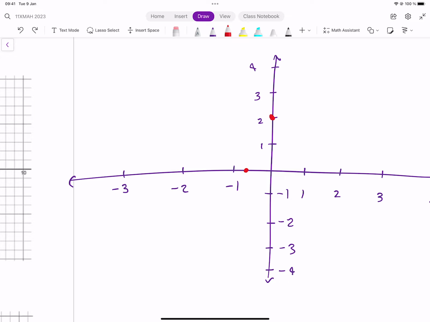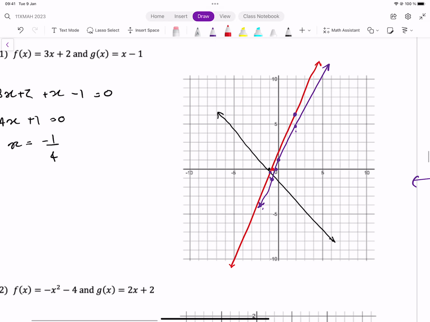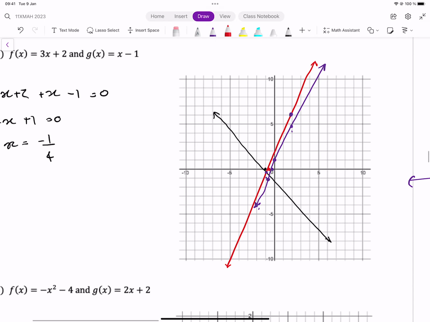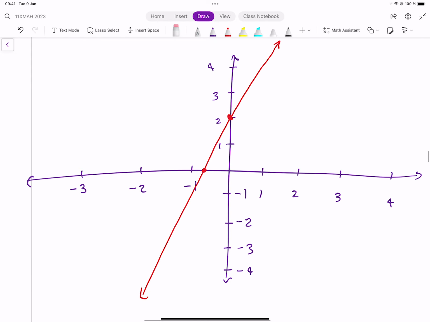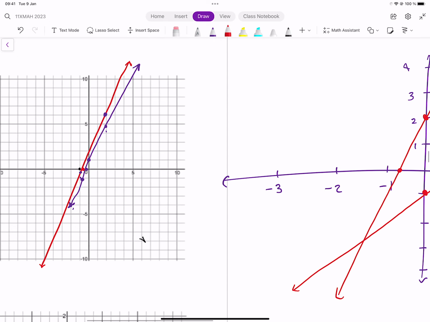So we draw that in. And then we go x minus 1. Oh, I know why that one didn't work. X minus 1 does not look like that. Sorry, people. That's why it didn't work. So we have minus 1, and then we're going to have 1, so we'll draw that in.